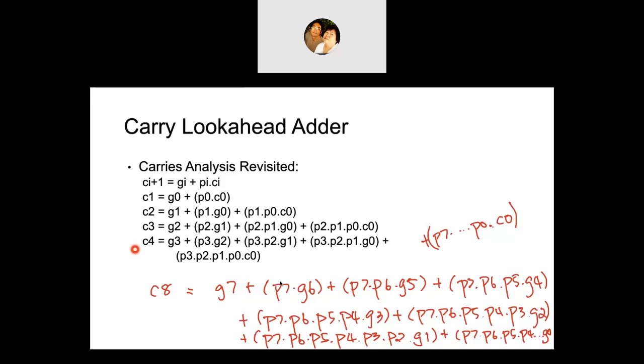Is this a two-level AND/OR circuit? It is, right? I say that it is the two-level AND/OR. The terms that I underline are the ANDs, and all the ANDs here, we OR them all together, and then we get C4.